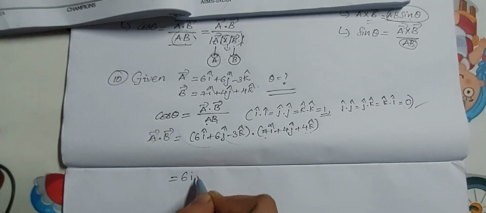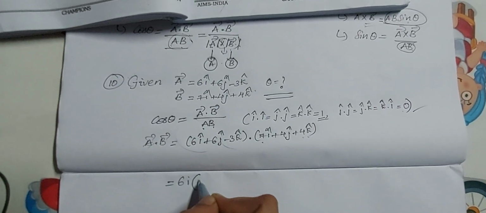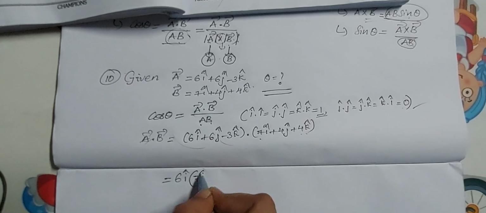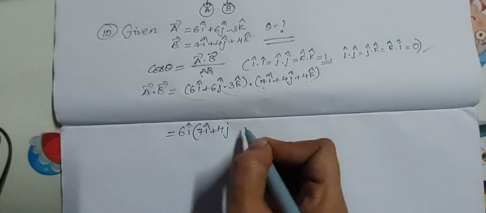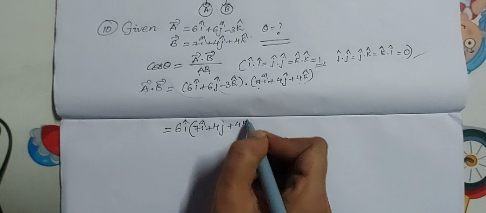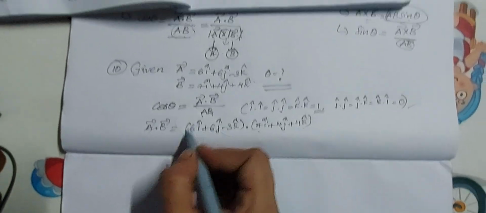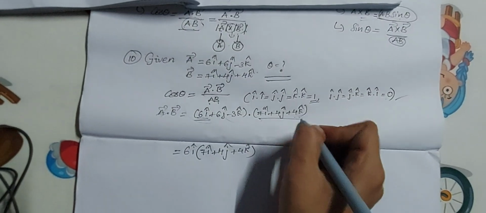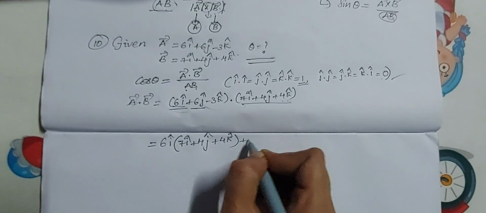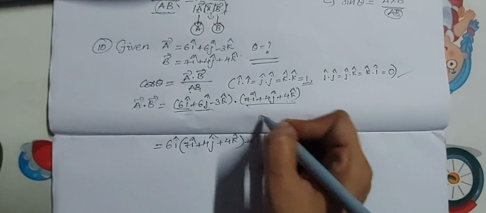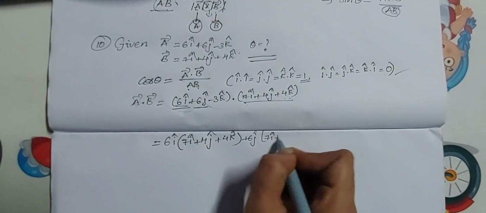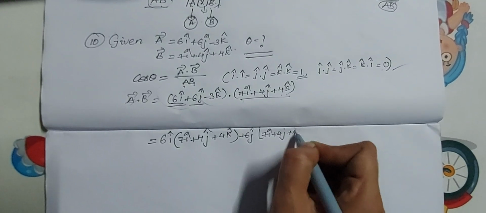So I am taking the first term, 6i cap, into 7i cap plus 4j cap plus 4k cap. So what I did, simply I took the first and multiplied with the other. Next, coming to the second term, 6j cap multiplied with 7i cap plus 4j cap plus 4k cap.